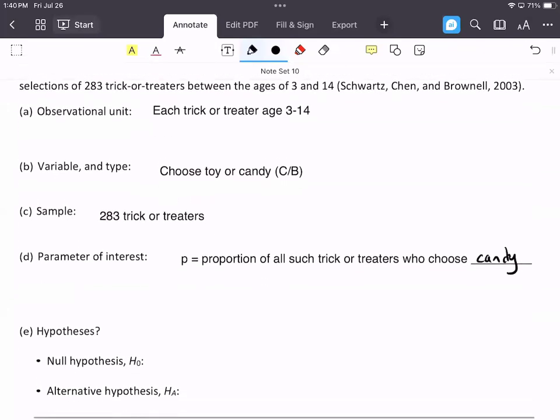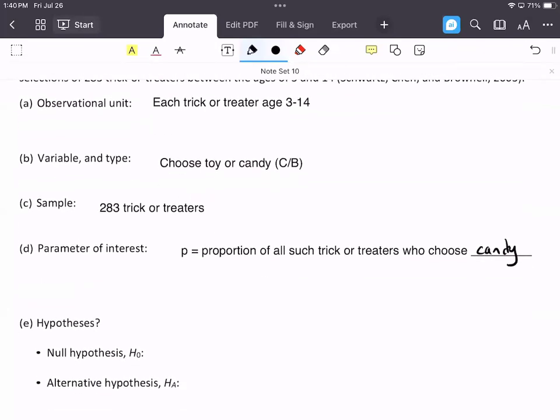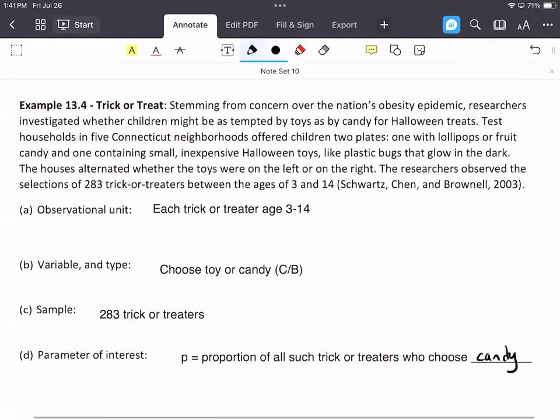Now, the hypotheses. We have to do the null and the alternate. The null, nothing special is happening. In other words, they just choose randomly between one of the two plates: p equals 0.5. The alternate, you also have to put p and 0.5, but we don't know what sign to use.